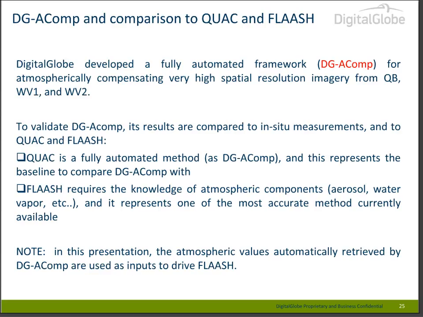As said, QUAC is fully automated like DigiAComp, and it represents the baseline to compare DigiAComp with. On the other hand, FLAASH requires knowledge of the atmospheric components. In particular, you need to know aerosol, water vapor, and quantities like this. But also, FLAASH represents the most accurate method that is currently available, or at least one of the most accurate methods.